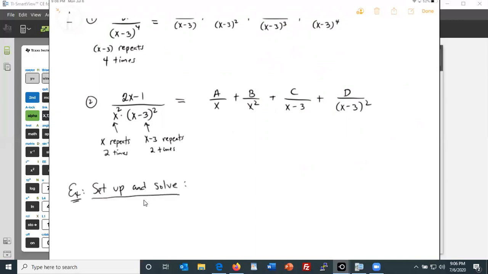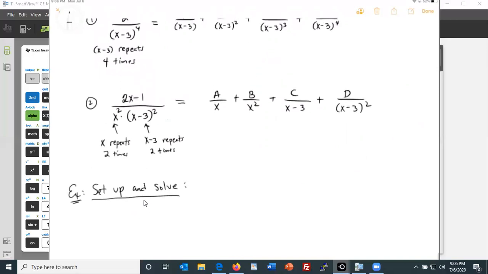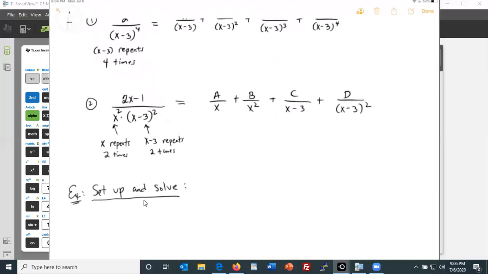All right, now let's do one more example here before I end things, where we're going to set it up and solve. Setting up and solving. Okay, so our example here is (x + 2) over (x cubed - 2x squared + x).